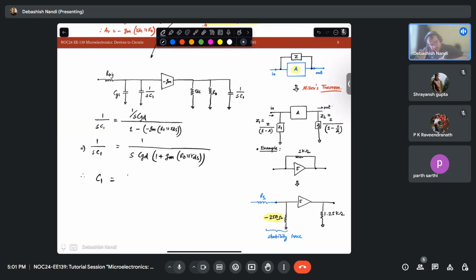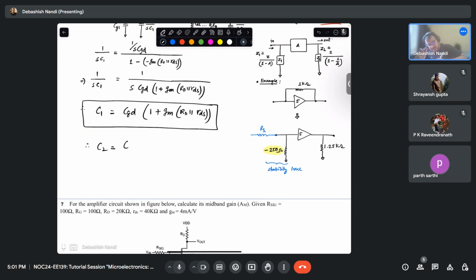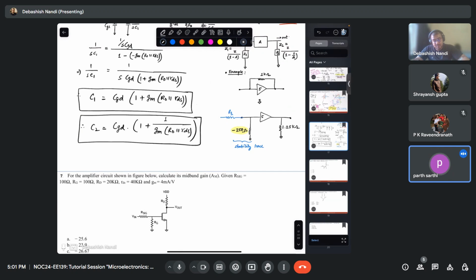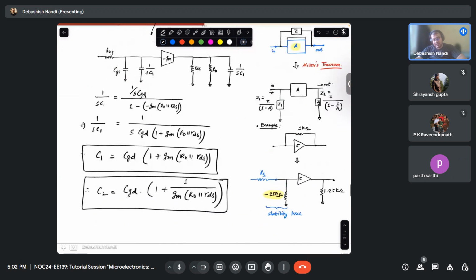So your C1 becomes CGD times 1 plus GM times RD parallel RDS, and in the other case C2 would be, in a similar way, CGD times 1 plus 1 over GM parallel RDS. Did you understand this much?